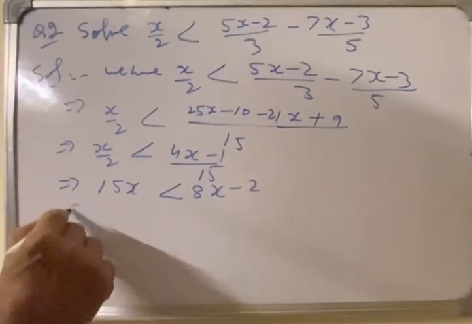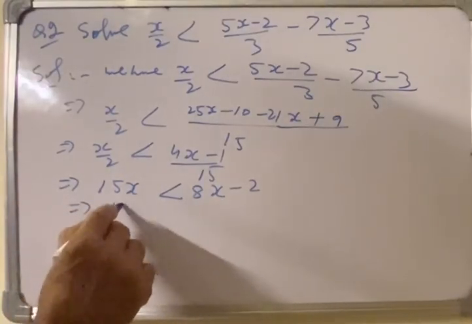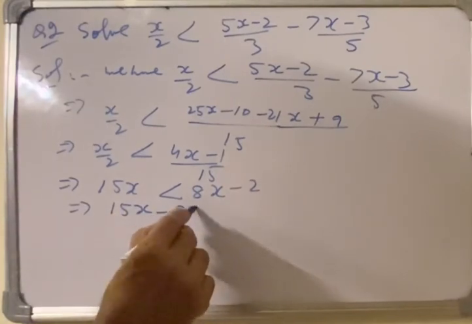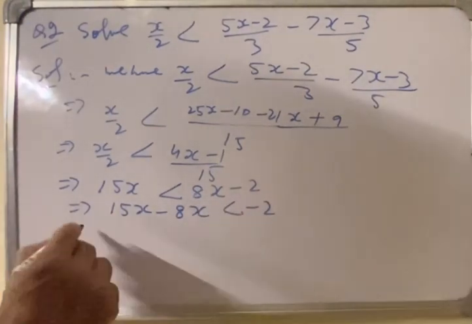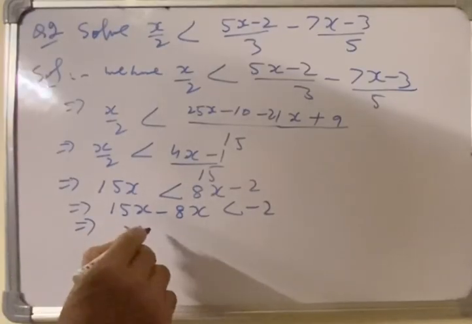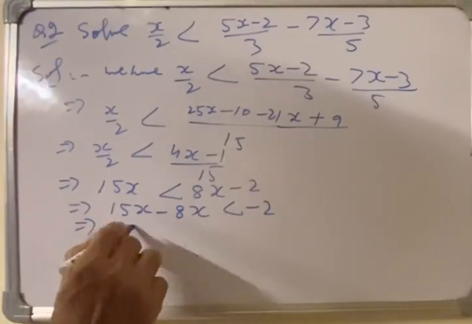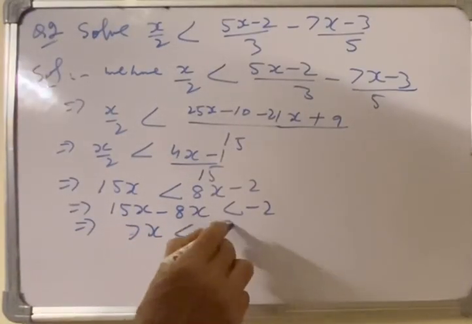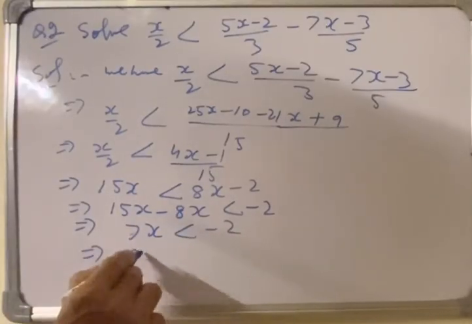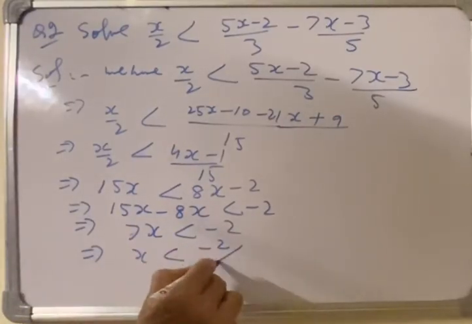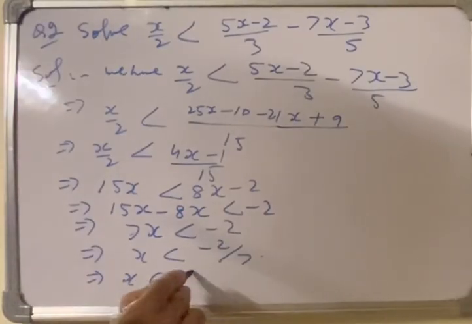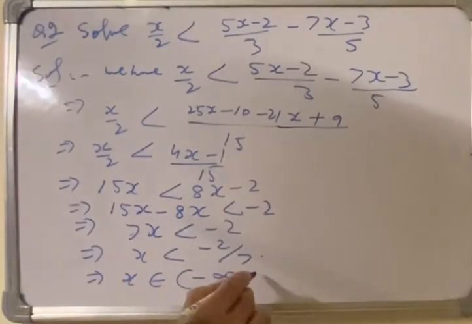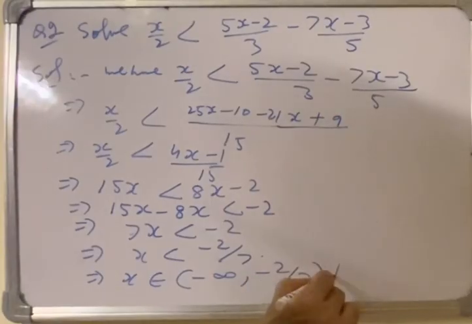So this will give you 15x minus 8x is less than minus 2, 7x is less than minus 2, x is less than minus 2 over 7. That means x belongs to minus infinity to minus 2 by 7.